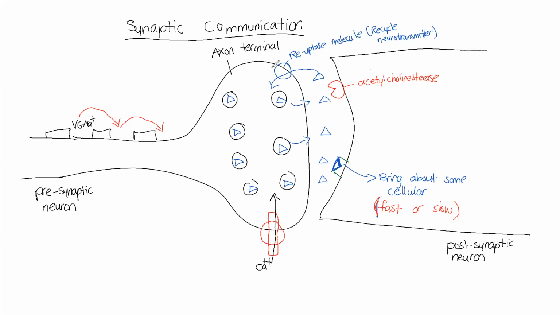Now, there are actually three methods for clearing the junction of excess neurotransmitter. The first one is that we can have the excess neurotransmitter diffuse away. So that's an option as well. The second option is that we can have the acetylcholinesterase break down the excess neurotransmitter, and then those smaller pieces can be reuptaken.